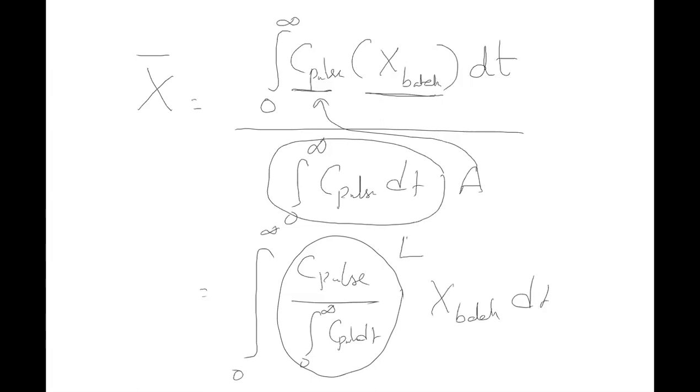So then what is your x bar? Maybe finally I'll write it here. What is your x bar from the E curve? It is nothing but 0 to infinity E into x into dt.